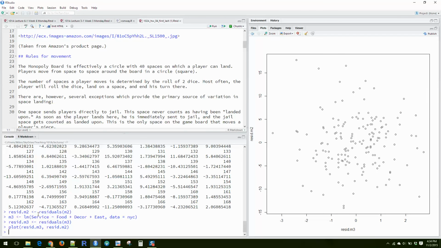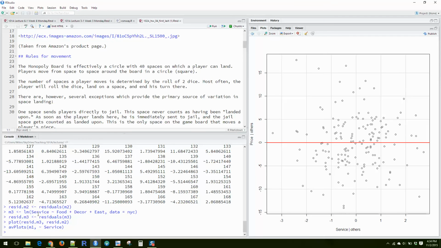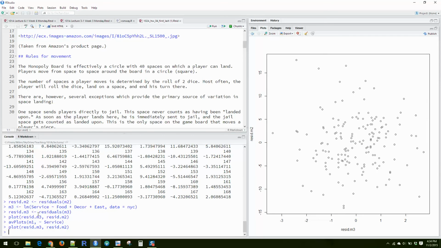Does that look exactly the same as our AV plot for service? I hope. Yes. Okay. So sometimes it's risky doing things on the fly here, but yes. So you can fit the model and then fit the residuals and plot them against each other and look for some kind of relationship.